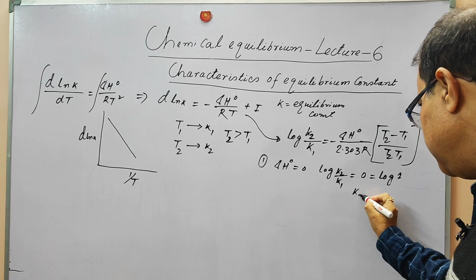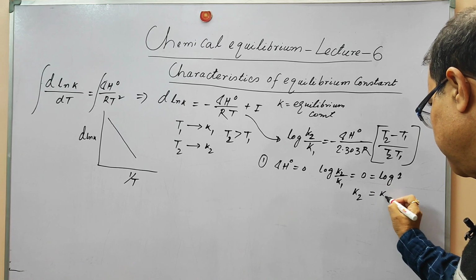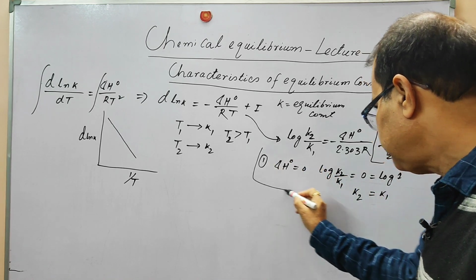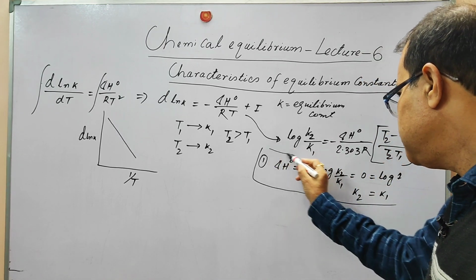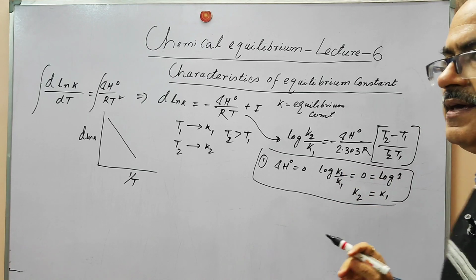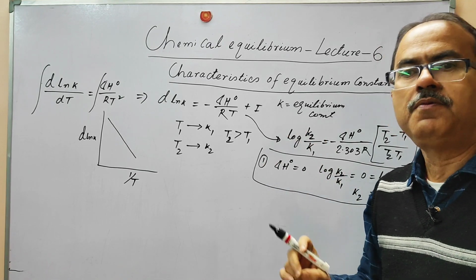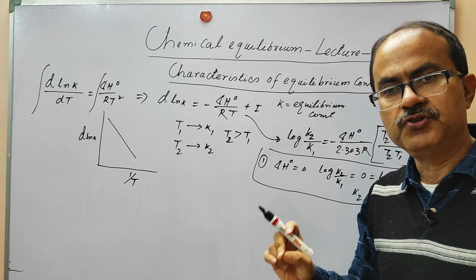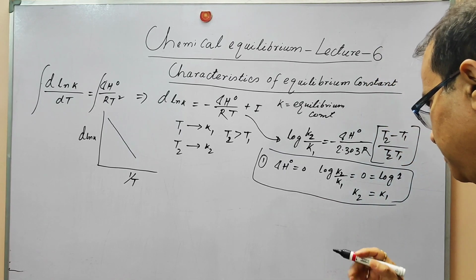So we can see K2 is equal to K1. So when there is no change of enthalpy in the reaction, the equilibrium constant is independent of the temperature.